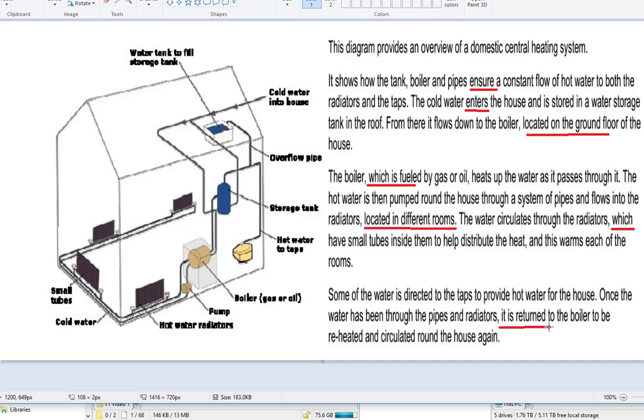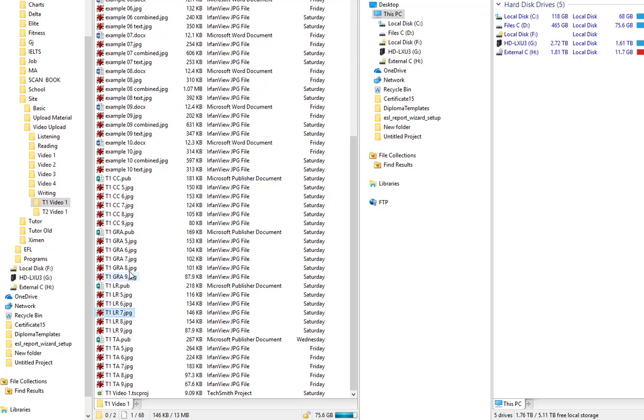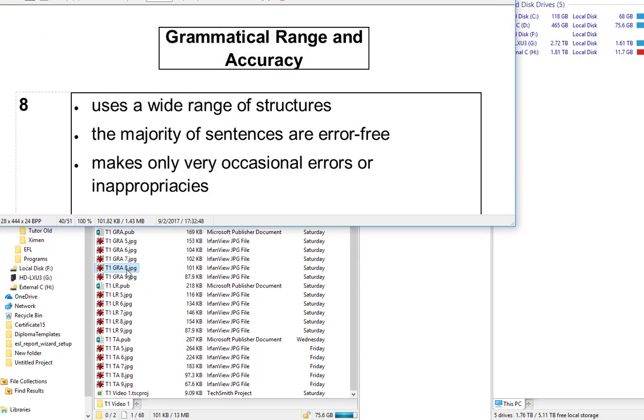It is returned. Okay, so we see some passive structures. And then this phrase here at the end, to be reheated and circulated around the house again. Okay, so grammar also very good. Probably an 8. So overall, very well written.